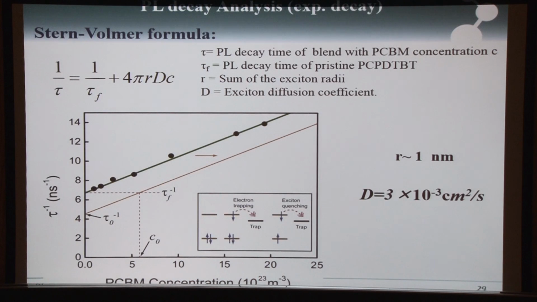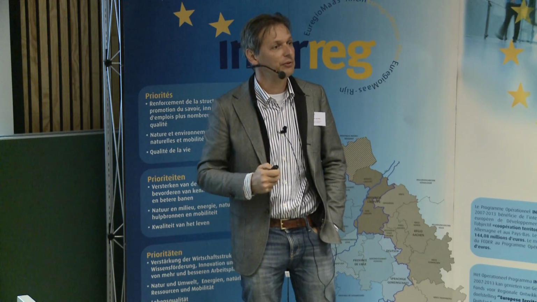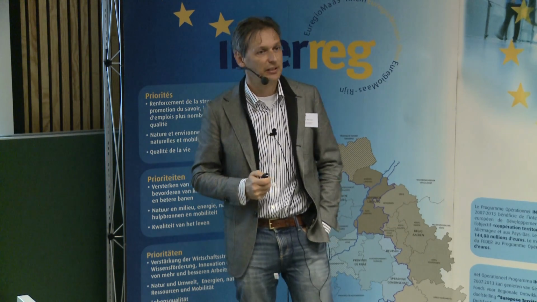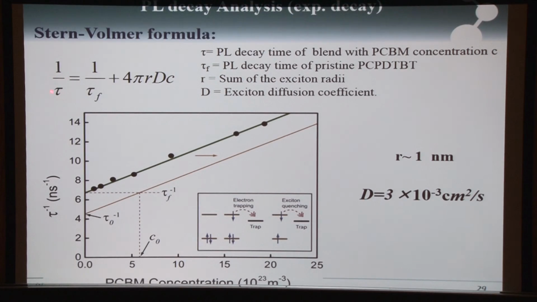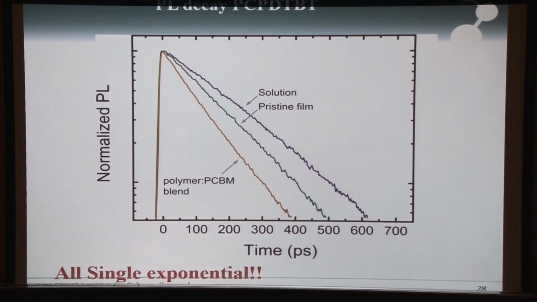Regarding the theory, you expect the lifetime that you measure to depend linearly on the concentration of PCBM quenchers. And if you look at 1 over the lifetime, which is the decay rate, these are the experimental data. One of the reasons why we chose this polymer is that the decay is single exponential, and that makes the interpretation very easy.